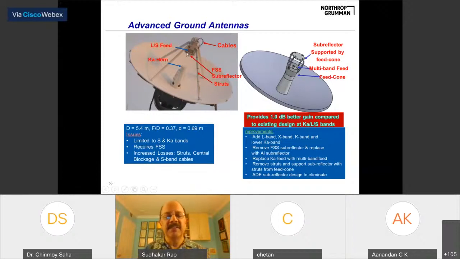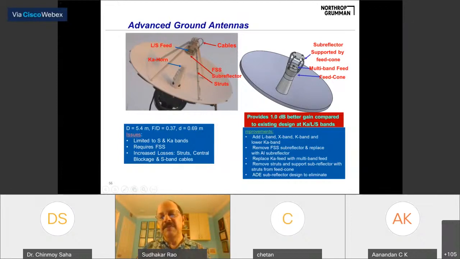We don't need FSS. Of course, if you have FSS, you can't add additional frequencies, and FSS is a lossy surface. And then we don't need any struts, because struts block and scatter. You lose a gain of about 0.6 dB or so due to struts. So we eliminate the struts.